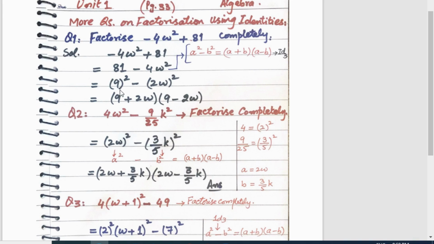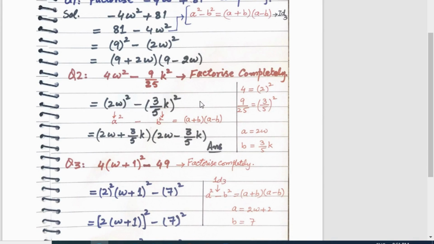Okay. The difference of two squares is giving us the factor form. Because factor form is what is asked, we moved towards this side. This is the requirement, and we have fulfilled the requirement of the examiner in the form of factors. This is the answer of question number 1.